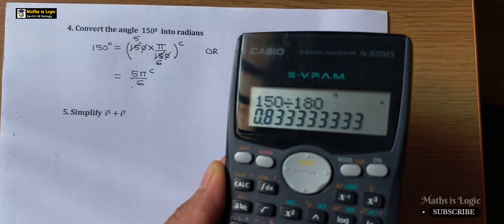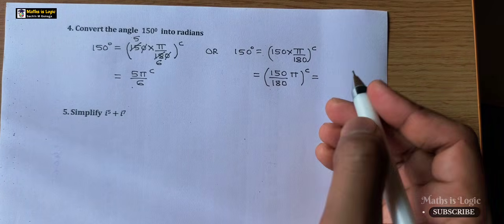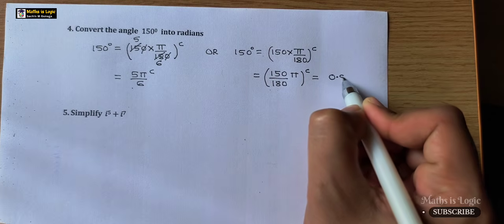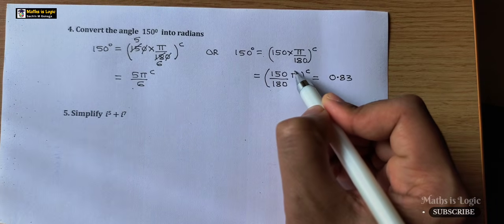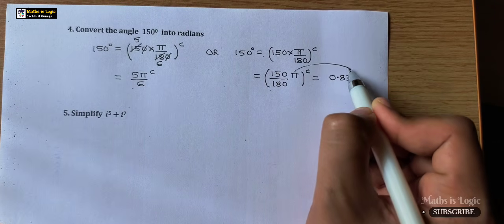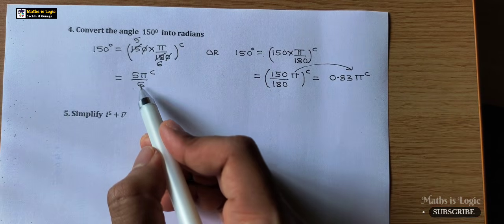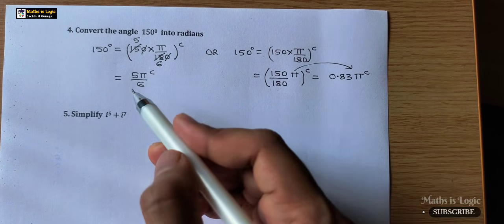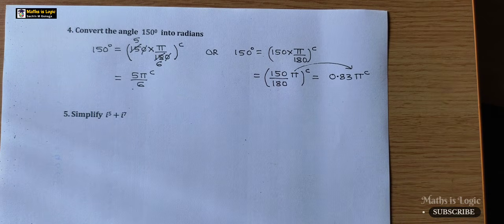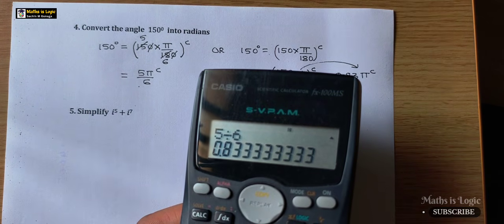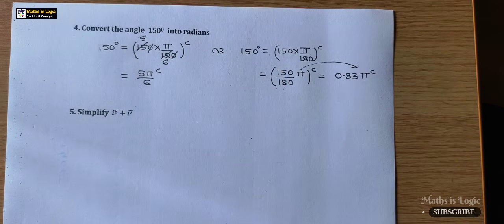If I do, how much am I getting? 0.83. Therefore 150 degree is nothing but 0.83, and this pi keep it as it is, pi radian. So this is also correct, because 5 divided by 6 is nothing but what? 0.83. So both the methods are correct.